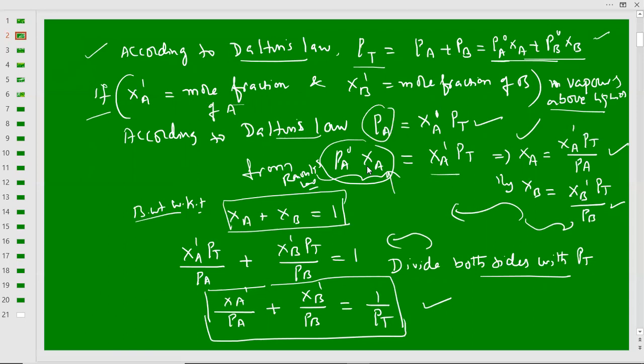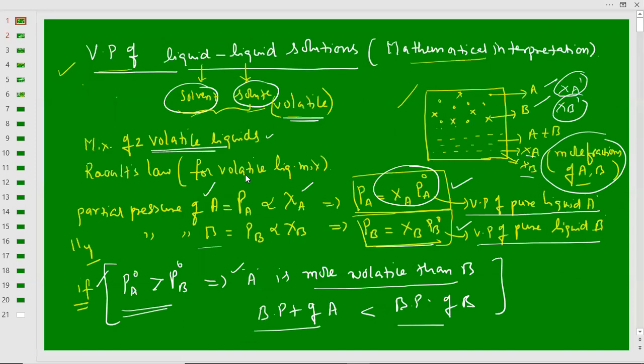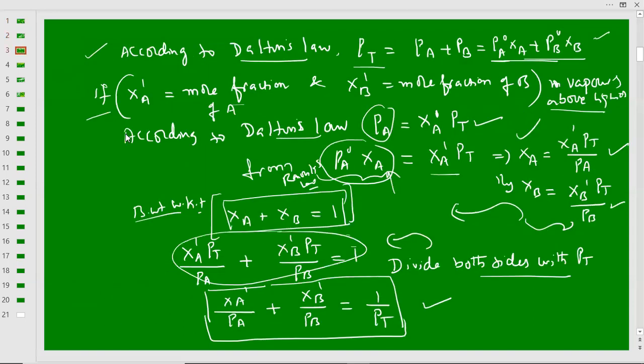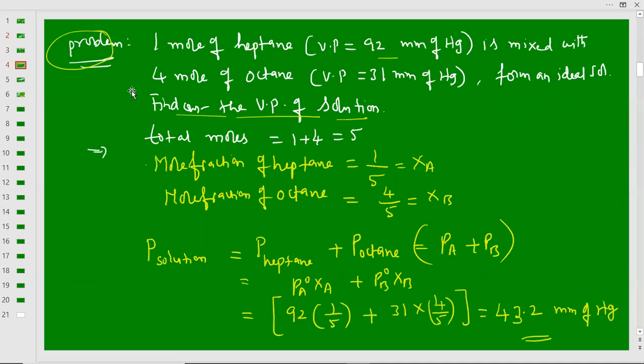Okay, but we know that the sum of the mole fractions in the liquid state is equal to 1, and these XA, XB values are substituted in this one. I got the relation: XA dash by PA naught plus XB dash by PB naught is 1 by P total. Here I got this by dividing both sides of the expression with PT. And now the point is very clear, and a problem can also be done from these expressions.